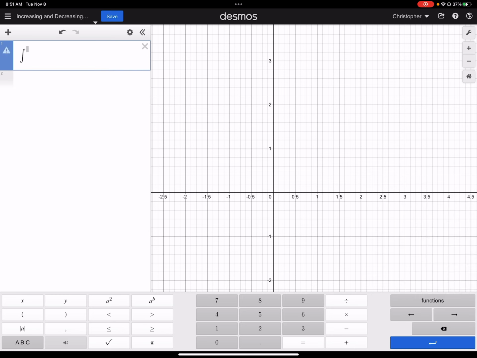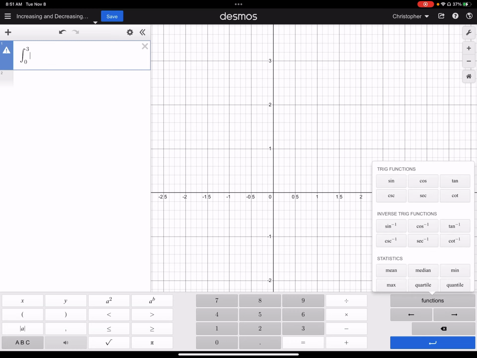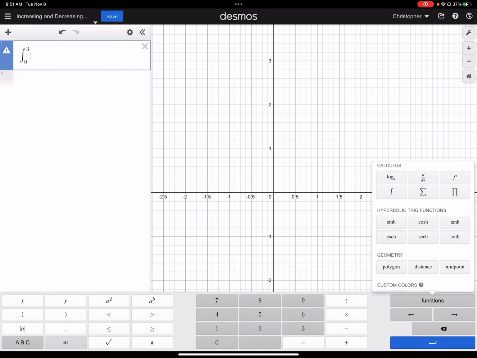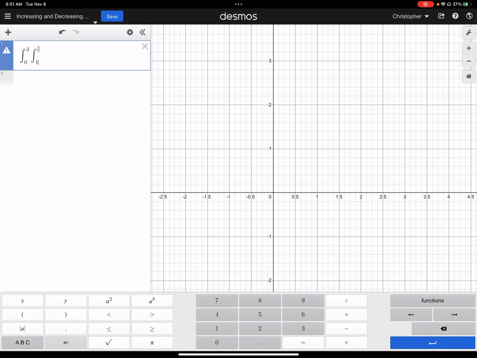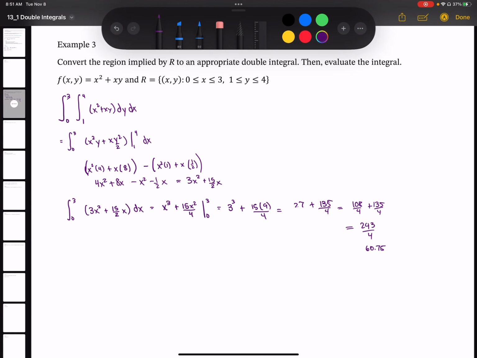So we want, it was from 0 to 3 for x. And then we had, was it 1 to 4 for y? 1 to 4 for y. And it was, I forgot the function already, x squared plus xy.